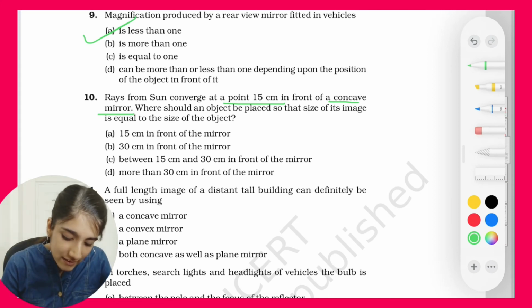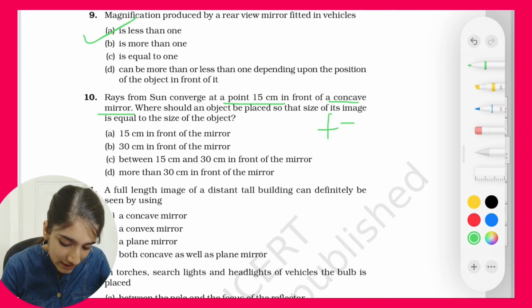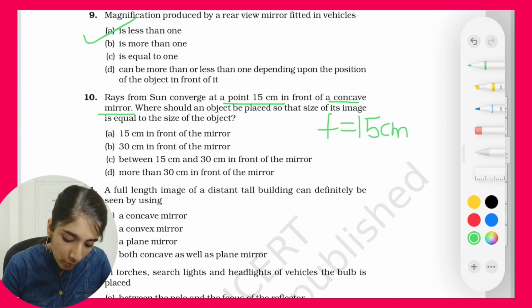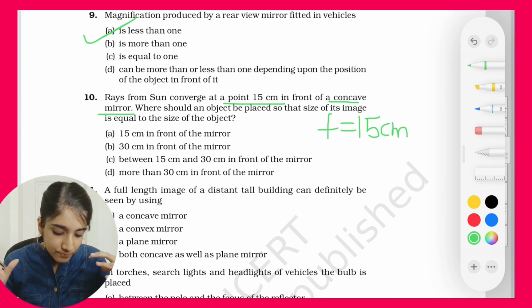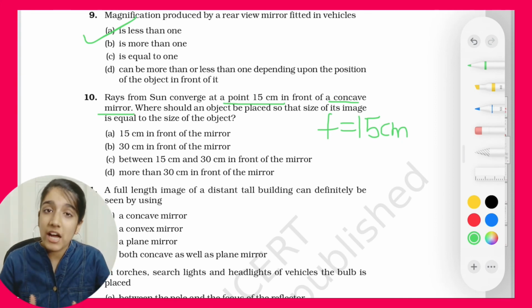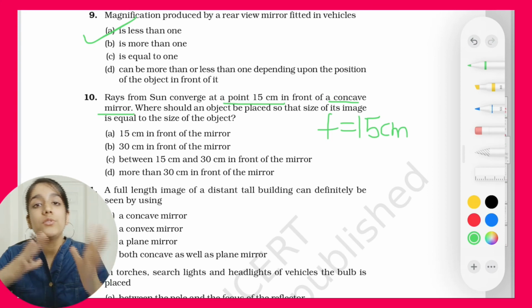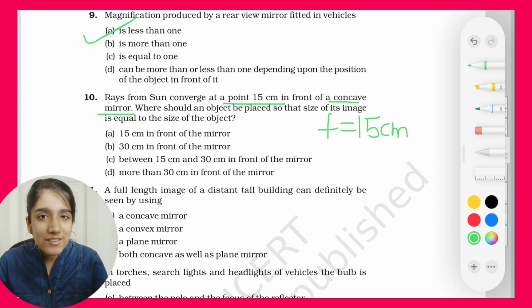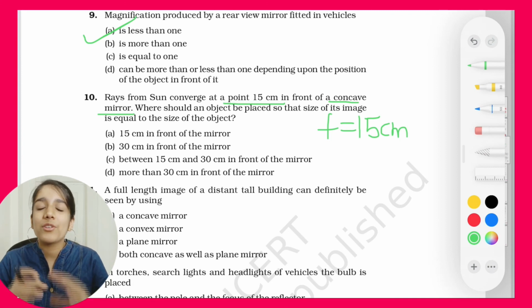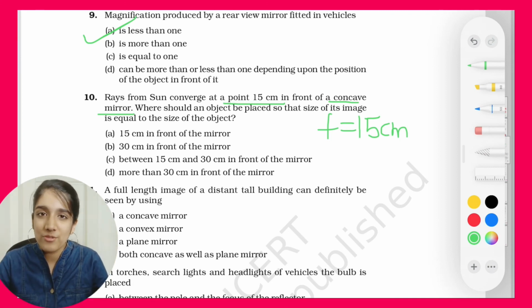So we can say that the focal length is 15 centimeters, and here they are asking at what place should they place the object so that the size of the object is equal to the size of the image. Now which case was this? When we place the object at the center of curvature, that is double the distance of the focus, the image that we obtained was of the same height as the object, right?